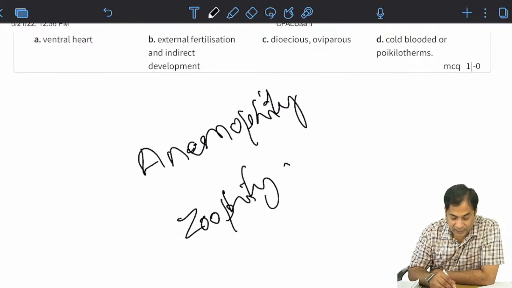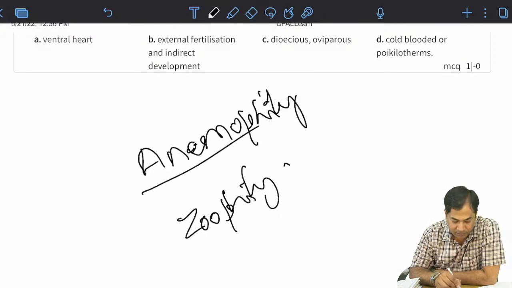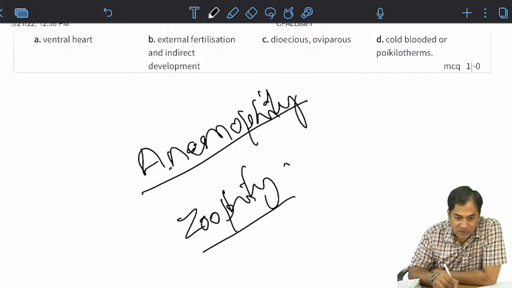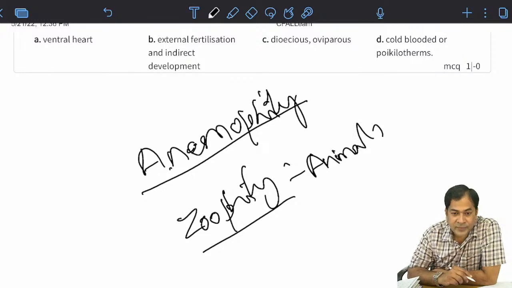Anemophily is pollination by wind, but that is not applicable here with the pollen kit, because pollen grains are not dry here. Pollen grains are sticky, so they cannot be carried by wind. So zoophily will be applicable. Zoo means animals, and phily means pollination through agents. Animals are the agents here. So zoophily.